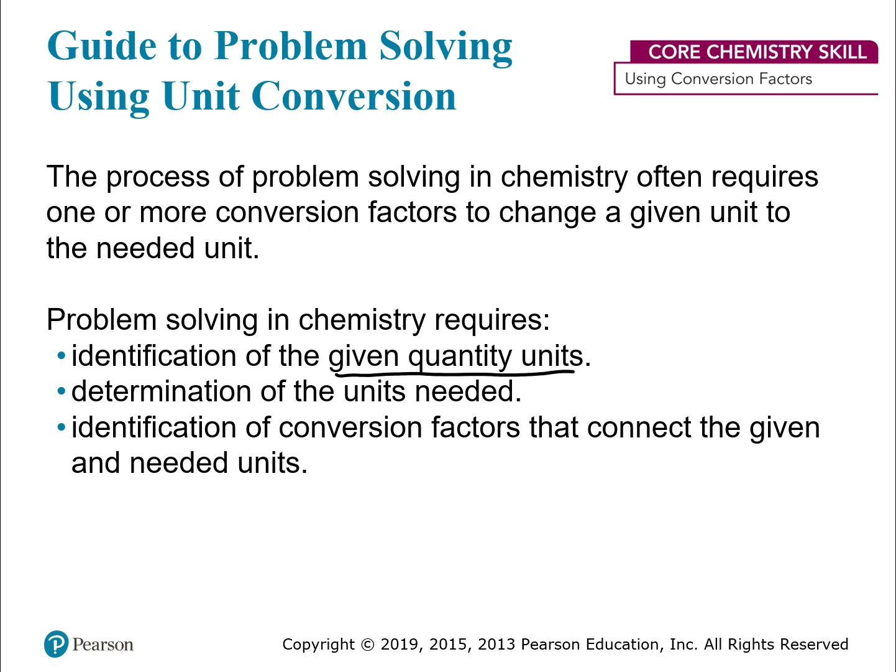Then you have to determine which units you need. What's the question asking? So in this example, we're asking about how many feet. Then you identify the conversion factor or factors that you need to get from where you are to where you're going. So in this case, we have meters. How do we get to the number of feet? And you would have to figure out what that conversion factor is.